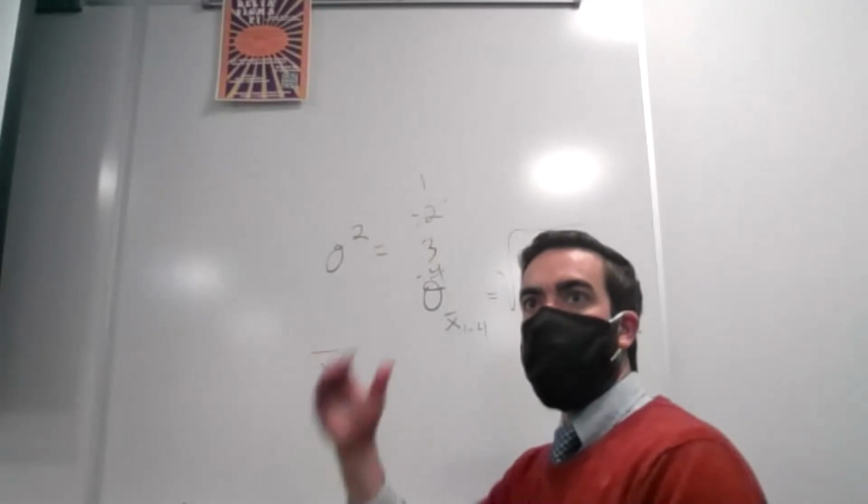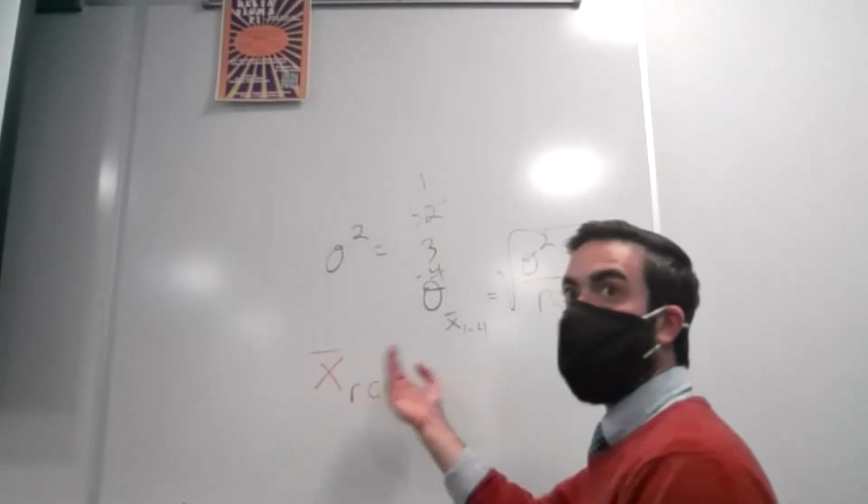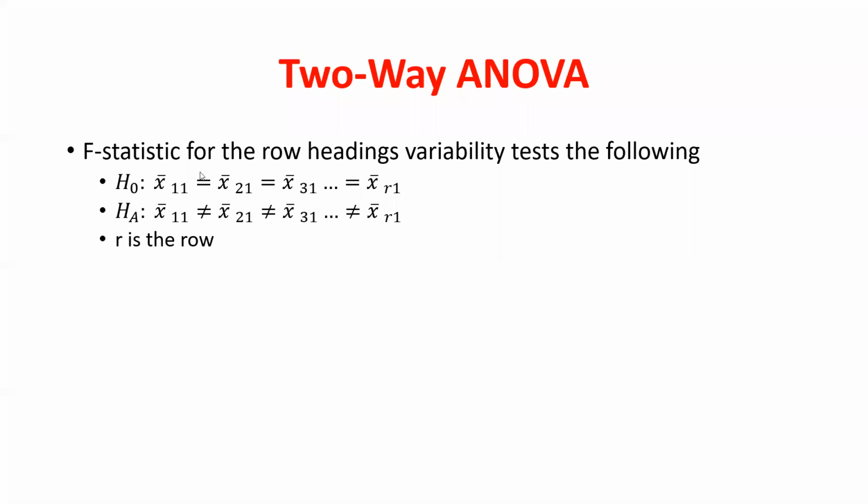Right? So whatever my row headings are, maybe those are the makes, the different car companies, and maybe the columns are the different types of automobiles. Right? So if I could hold constant that column, is there differences across the rows?